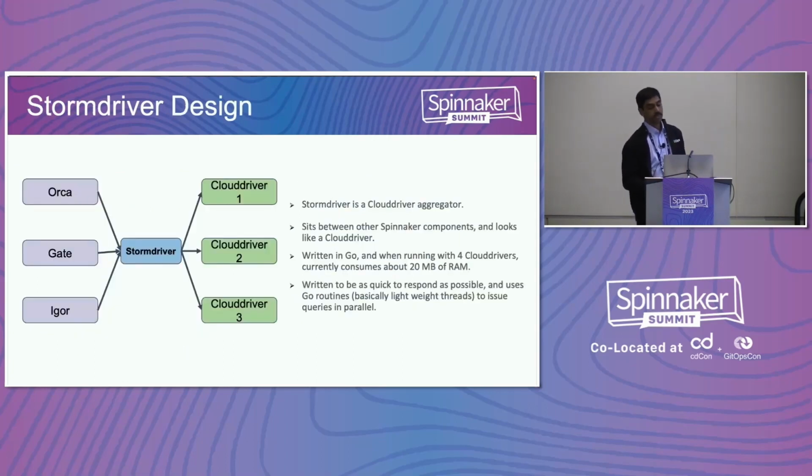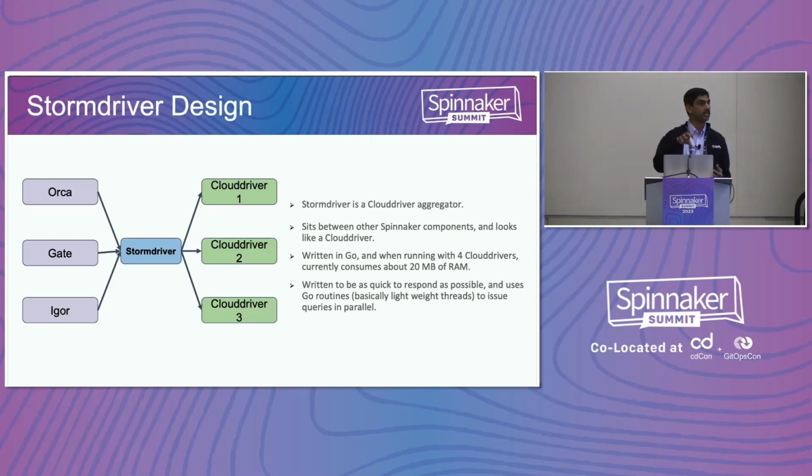So what we did was we put a scatter gather in front of the Cloud Drivers. Now each of these Cloud Driver instances can have their own accounts. So if you have 1,000 accounts, you can have 300 or 400 accounts with each of these Cloud Driver instances.